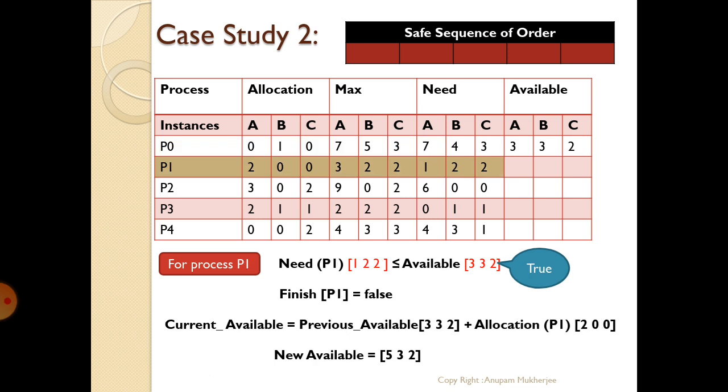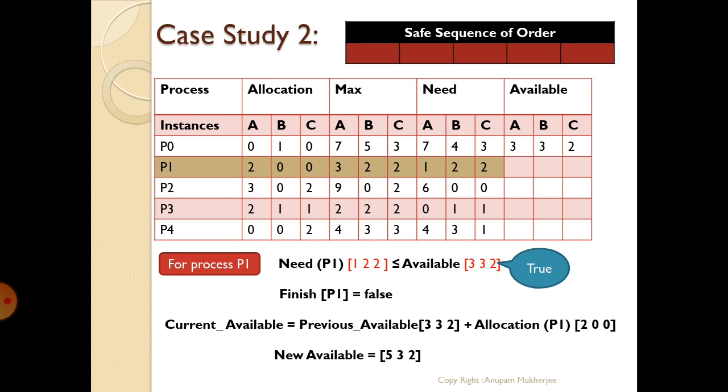Next we check P1. The need of P1 is 1, 2, 2, which is less than or equal to present system availability 332. The answer is true, yes. So the current availability will be updated based on the previous availability, that is 332, and the allocation of P1, that is 200.